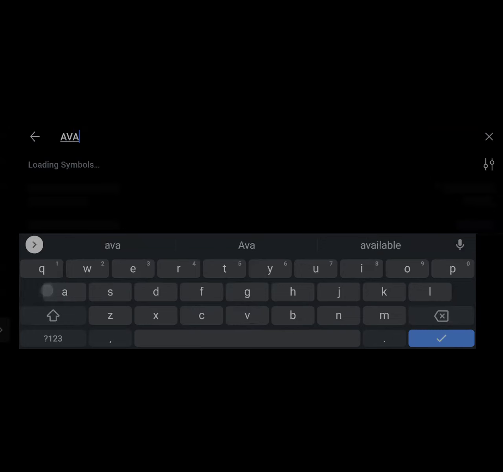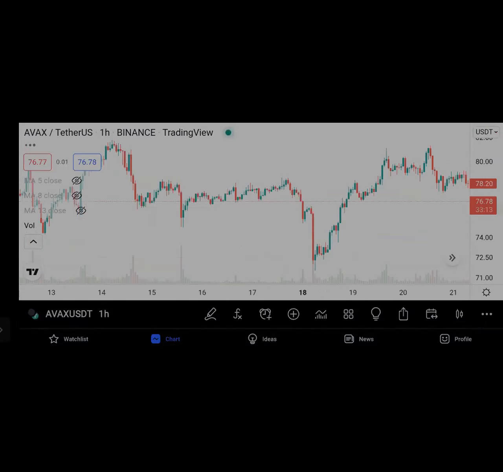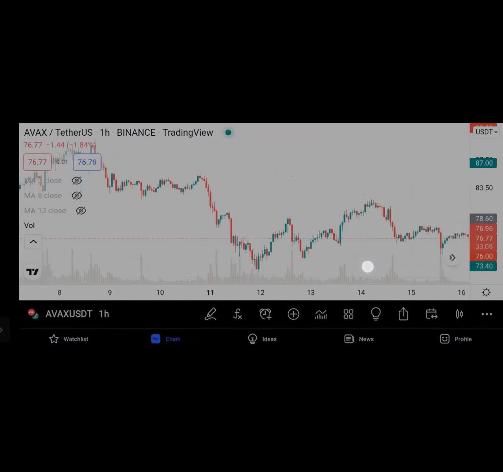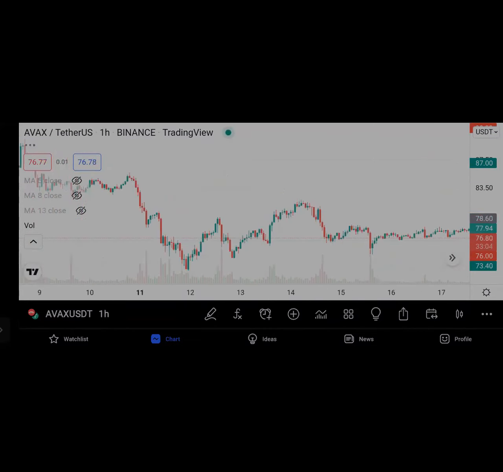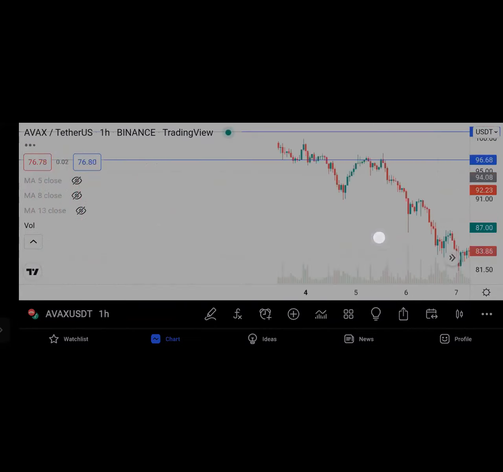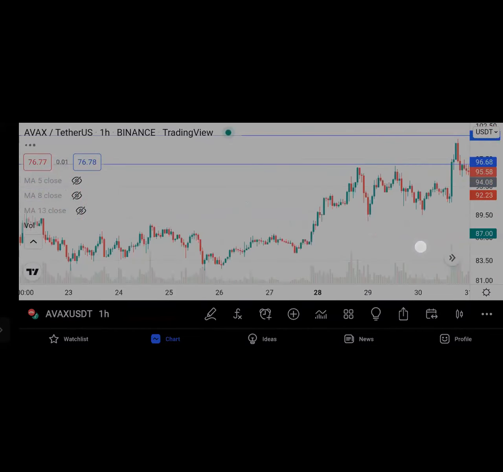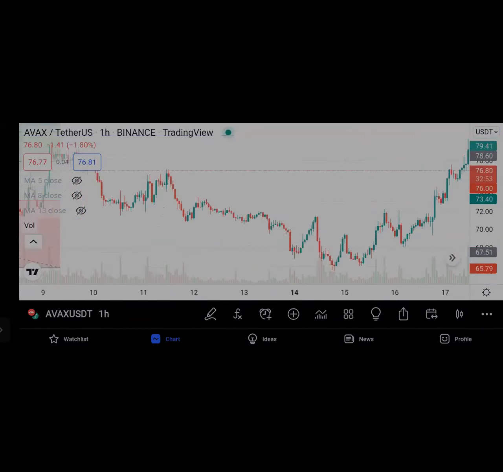AVAX USDT. All right, this here is also an example of a double bottom.